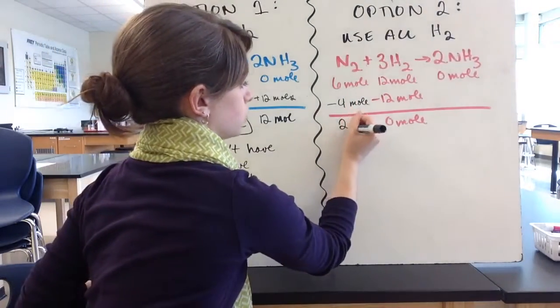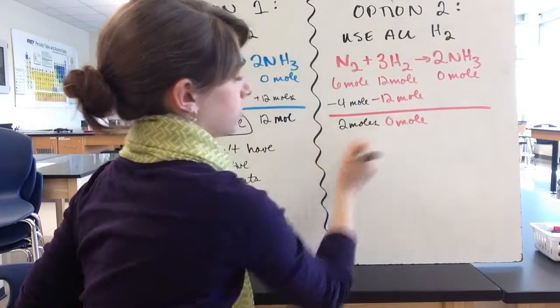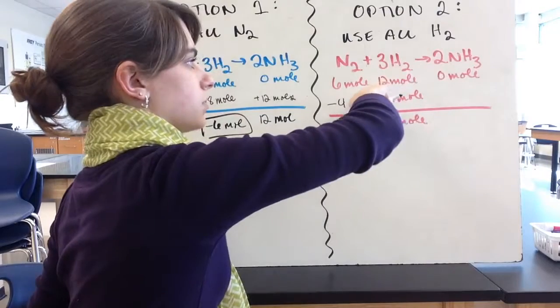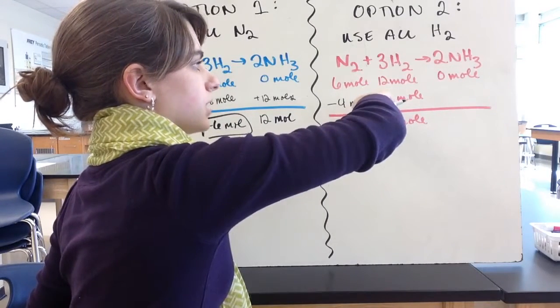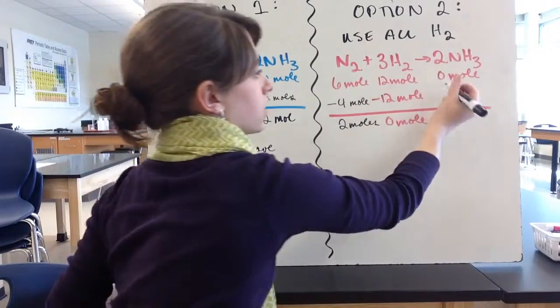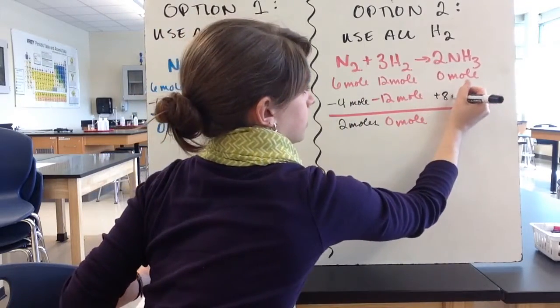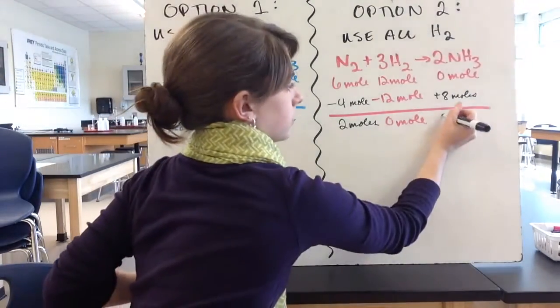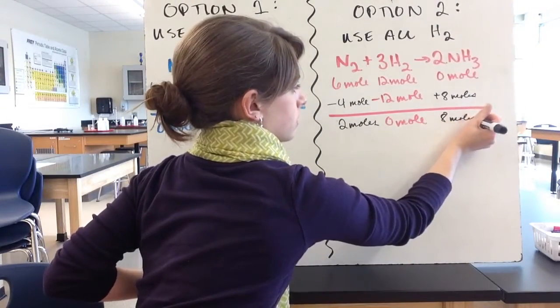That would leave us with 2 moles left over. And we know that we'd make twice as much NH3 as we'd use of the nitrogen gas. So 2 times 4 is 8 moles. So we know that we'd have 8 down here.